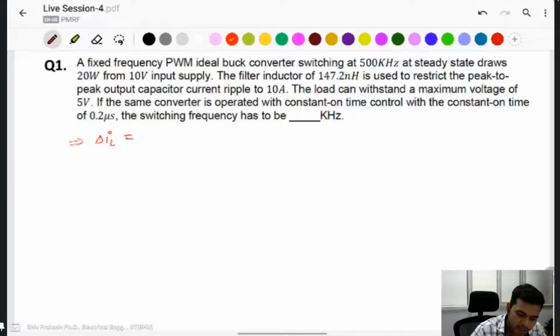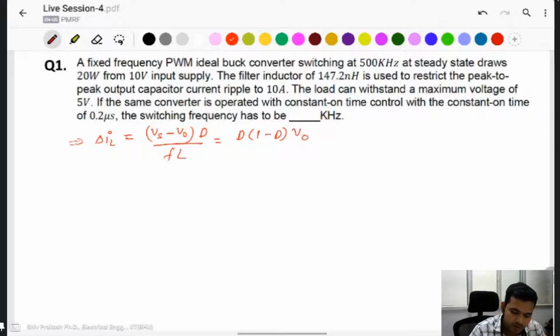Delta IL is equal to (Vs minus V naught) into D divided by FL, and also you can change this: V naught equals D Vs, so Delta IL is Vs into D into (1 minus D) by FL.